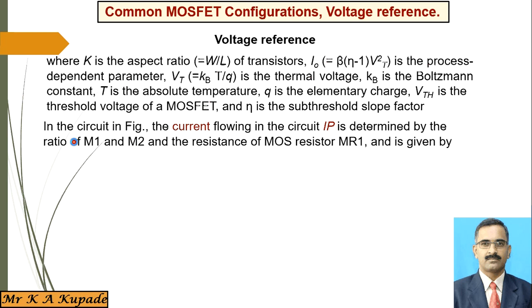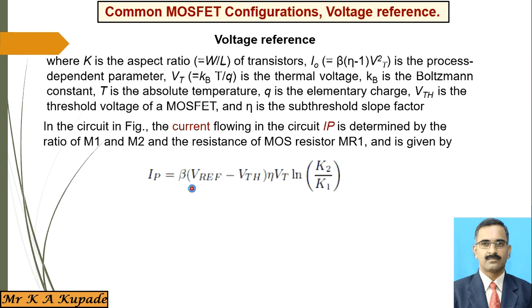In that particular circuit, the current flowing in the circuit, IP, is determined by the ratio of M1 and M2 and the resistance of the MOSFET resistor MR1. You can see that it is designed by using the ratio of M1 and M2 and the resistance of MR1.